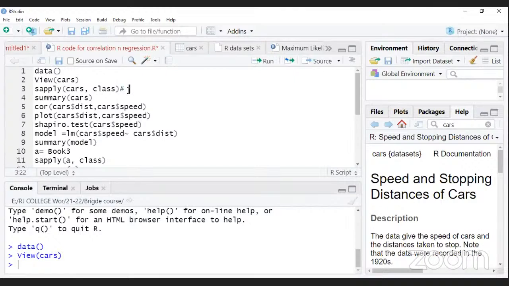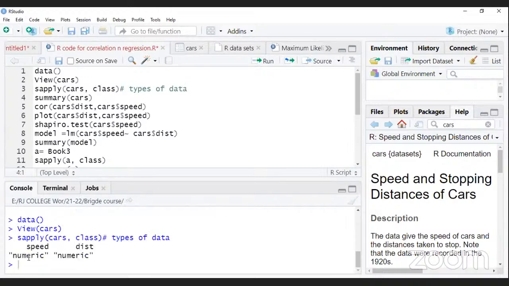To understand the class of data, whether it is numeric, logical, integer, etc., we can always use sapply. We write sapply, in brackets the data set name, comma, class. This will tell you what type of data it is, whether it is numeric, continuous, etc.